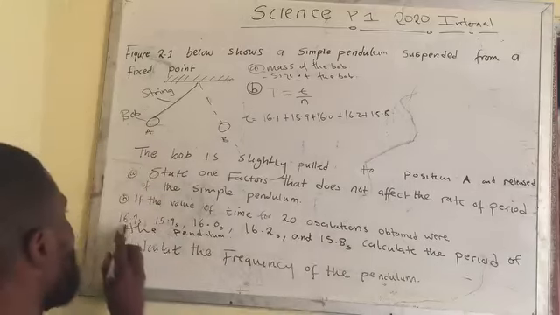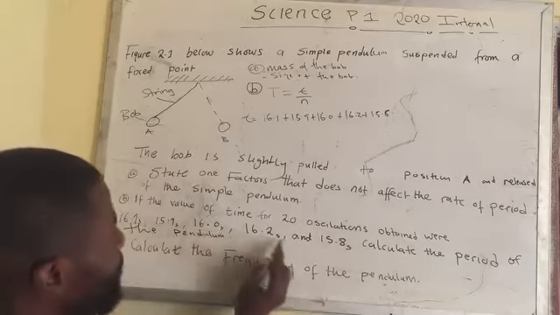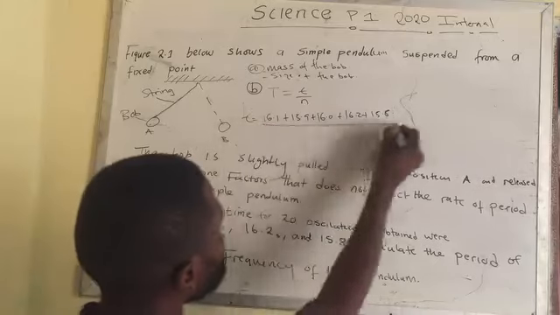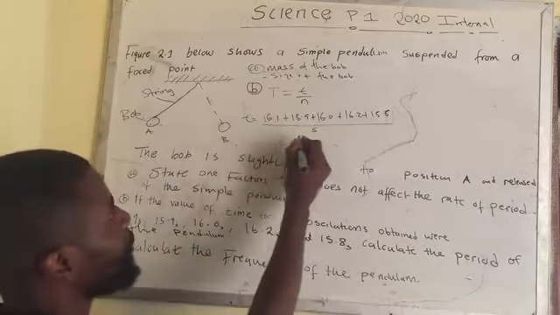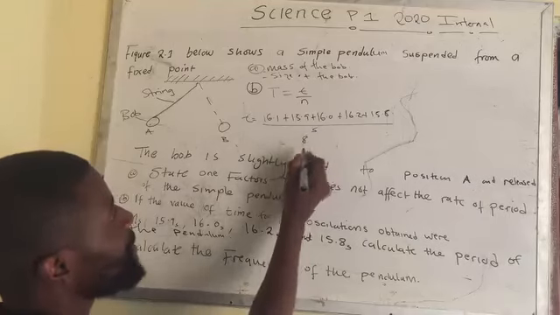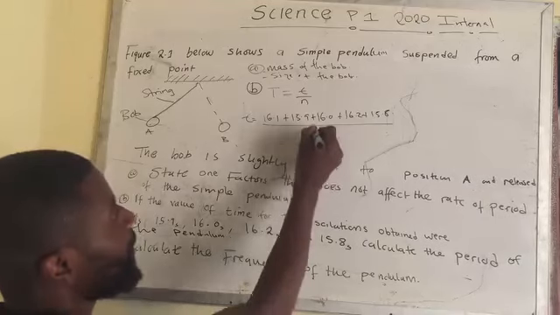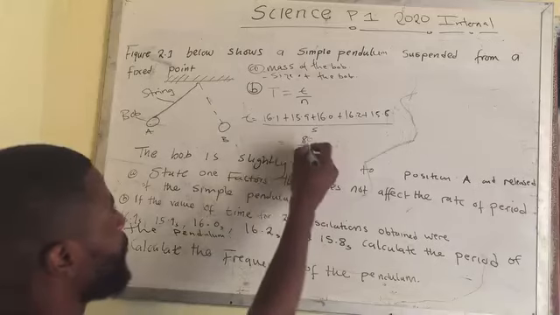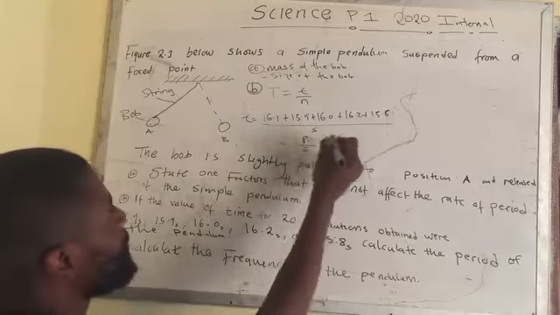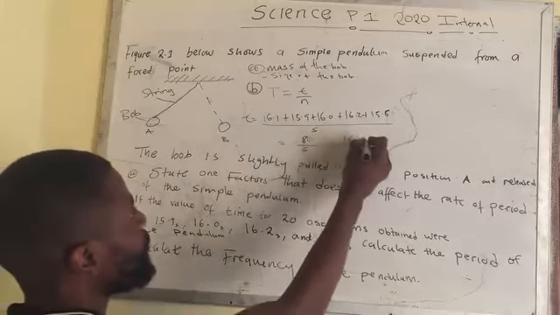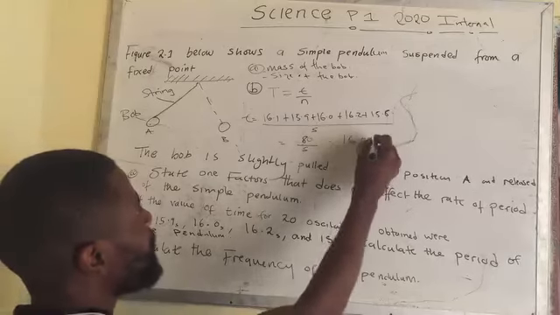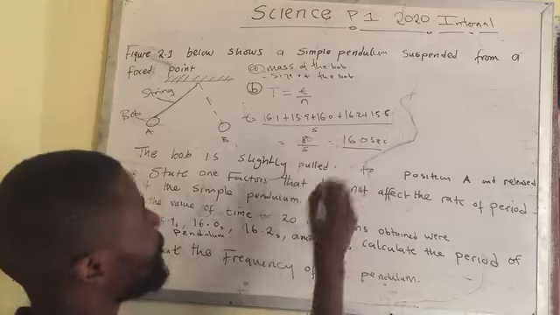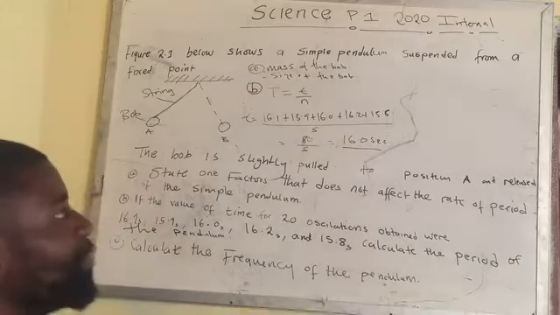If you count, there are 1, 2, 3, 4, 5, so we are going to divide the sum by 5. If you add these, it will give us 80. Then 80 over 5, if you divide, gives us 16.0. So the value for time, the small letter t, is 16.0 seconds.